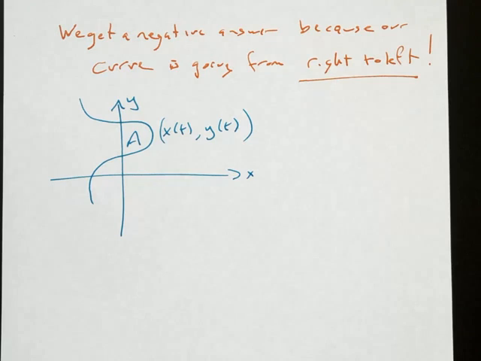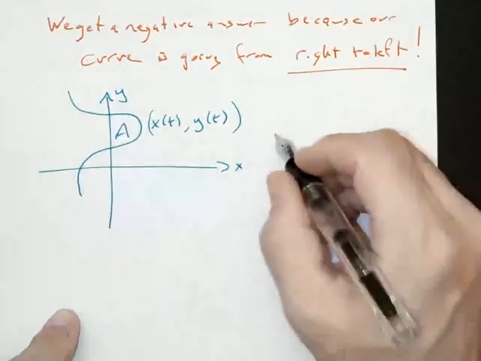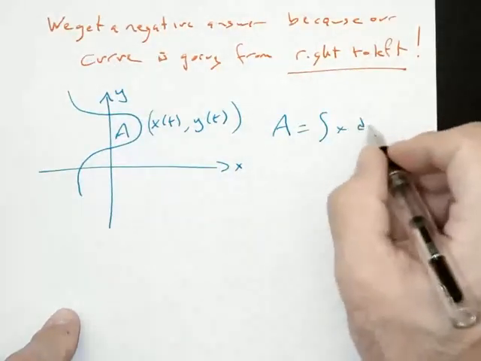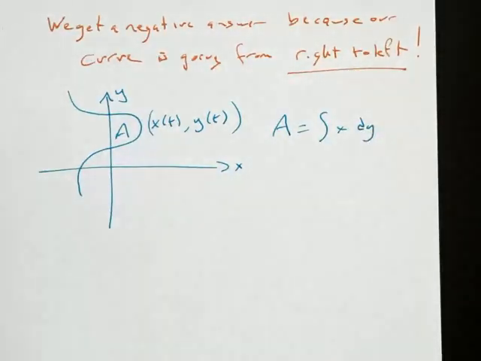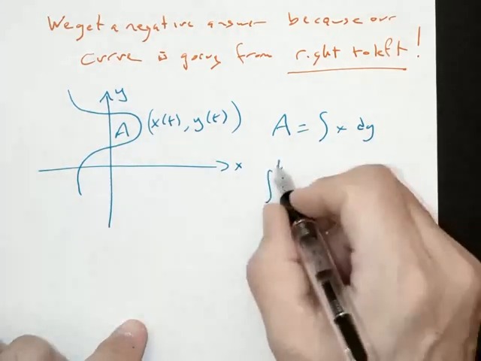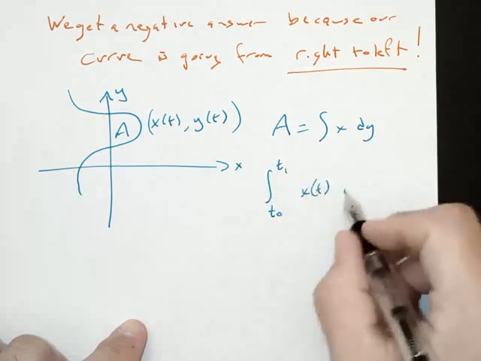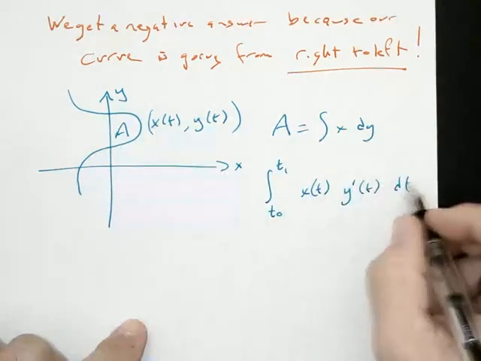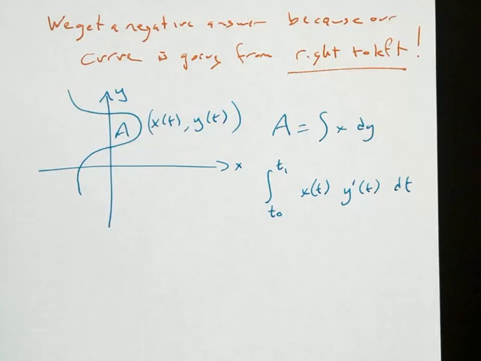Their thickness is dy. And that means this area is the integral of x dy. If it's the integral of x dy, then in parametric terms, we do x of t times y prime. Same exact idea, turned sideways.